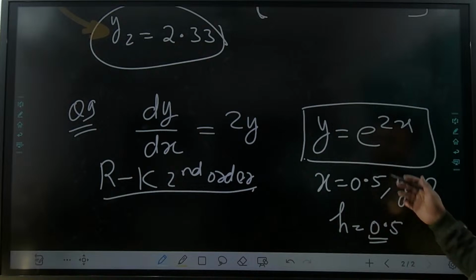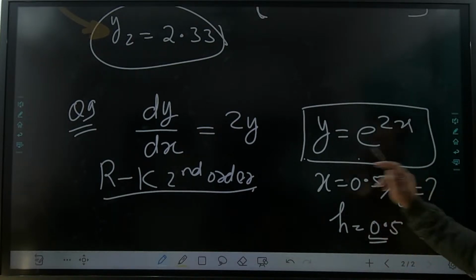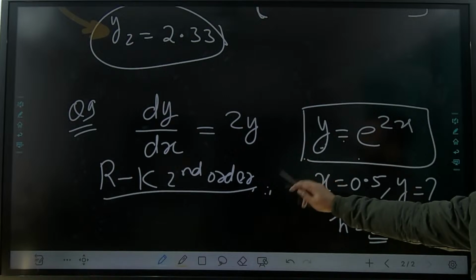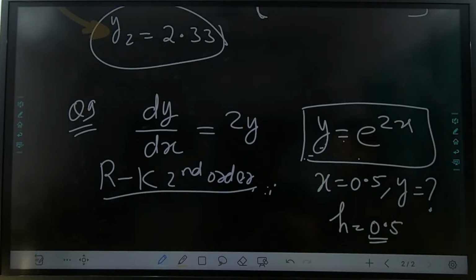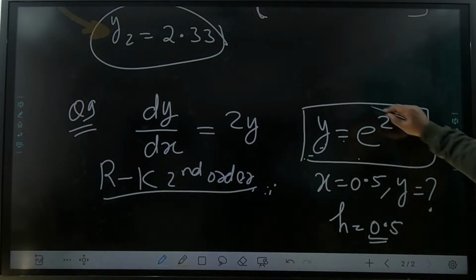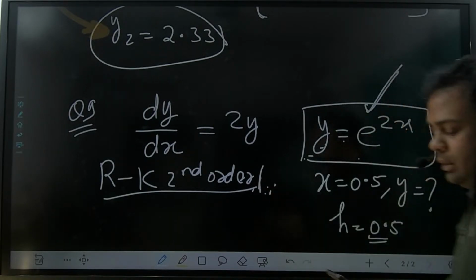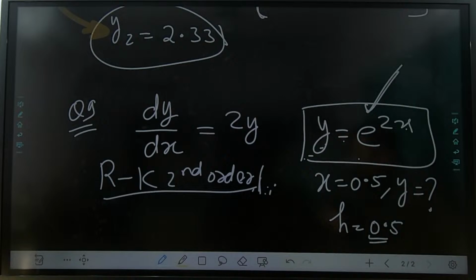So there will be some error between the actual solution and the approximate one. That error is captured by the relative percentage error. It means you take the y value by the analytical method at x is equal to 0.5, and the y value by the RK numerical method, and then you evaluate the percentage error at x is equal to 0.5.